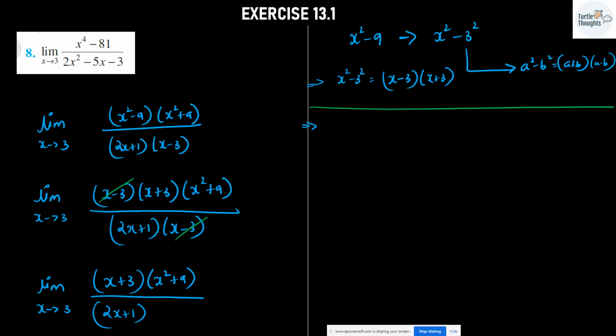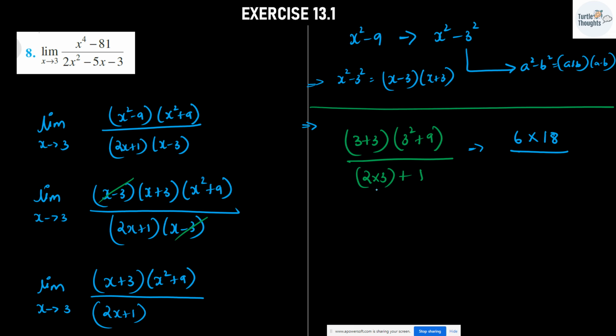Substituting the value of x as 3, 3 plus 3 multiplied by 3 square plus 9 divided by 2 multiplied by 3 plus 1. Upon solving, I will be getting this as 6 multiplied by 3 square is 9, 9 plus 9 is 18, divided by 2 into 3 is 6, 6 plus 1. 6 multiplied by 18 is 108 and 6 plus 1 is 7.